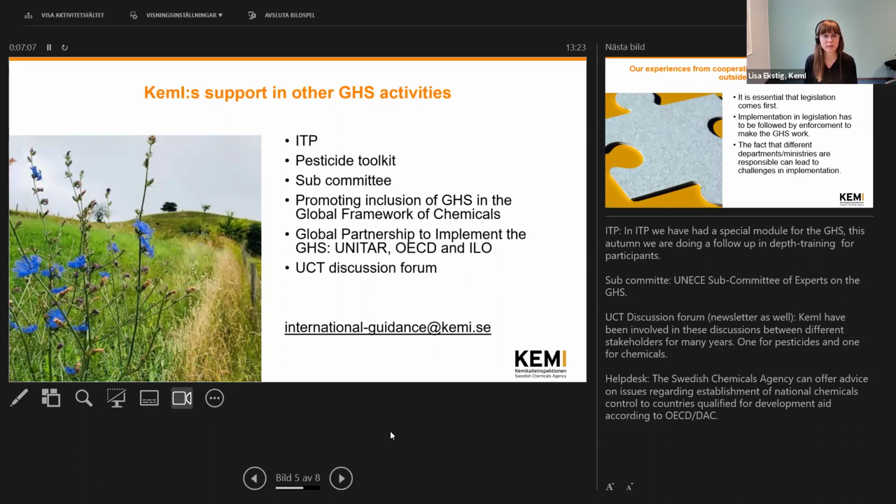We've been working on that for a long time, and then it was included, so that was a success. We have had several global partnerships to implement the GHS as today with UNITAR and also with OECD and ILO.